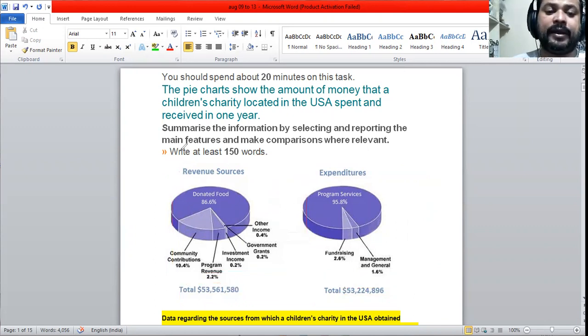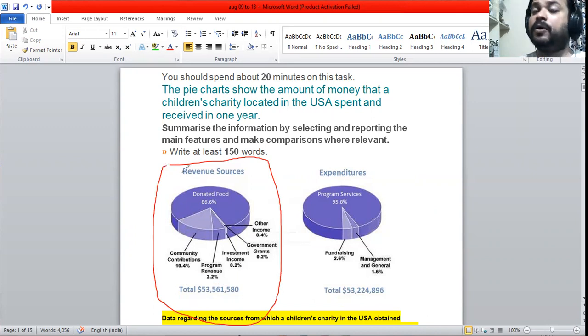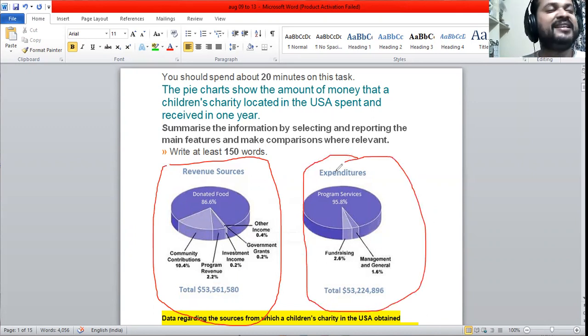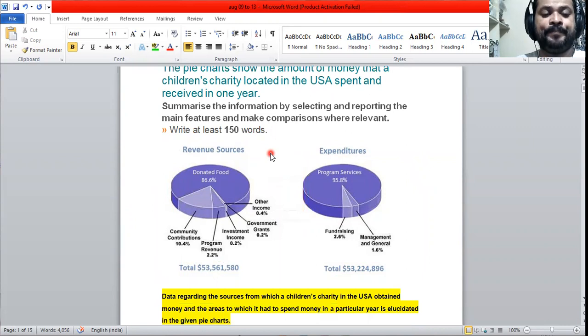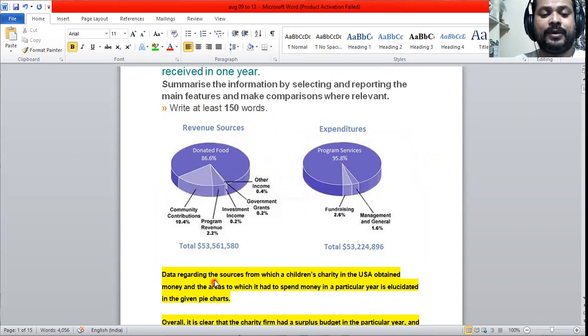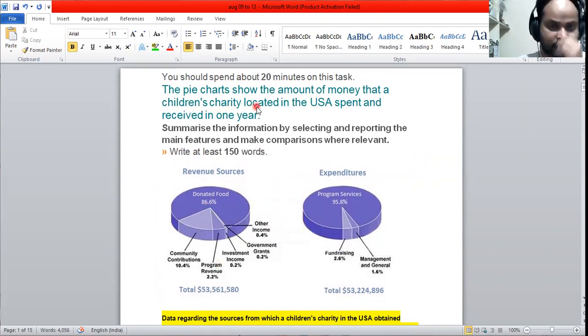Another method is that I can take this as a whole, complete, and take this as a whole, complete, and this is the method that I have adopted here. So let's see how we can frame this in detail. The question says the pie chart shows the amount of money that a children's charity located in the USA spent and received in 1 year.